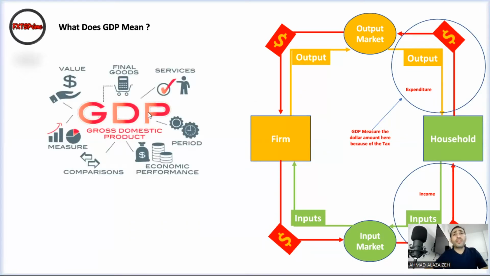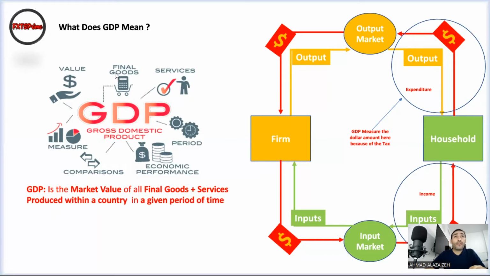All right. So what does the GDP mean? The GDP means the value of the final goods and services produced within a country in a given period of time. So it's a measurement for the value of the goods and services, and that measurement is given within a period of time.